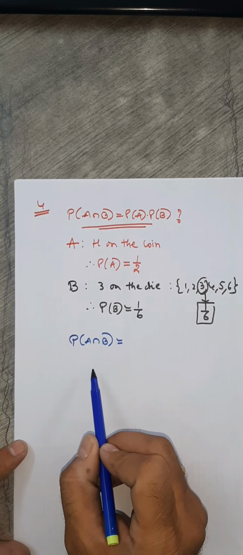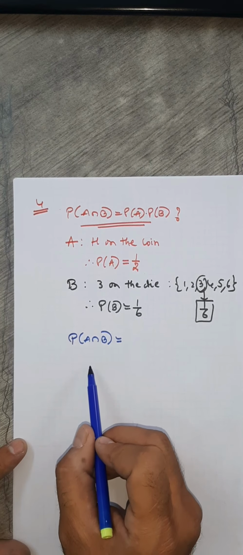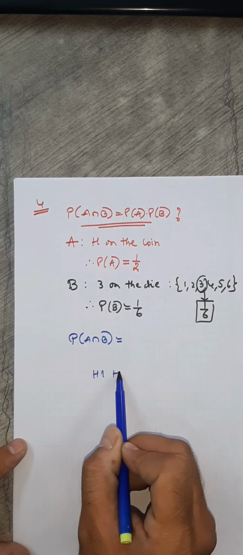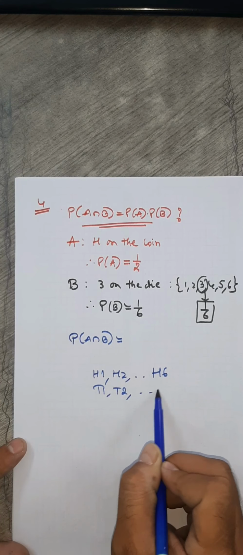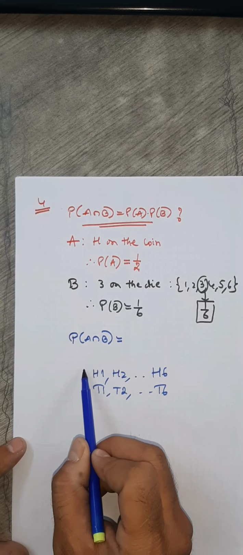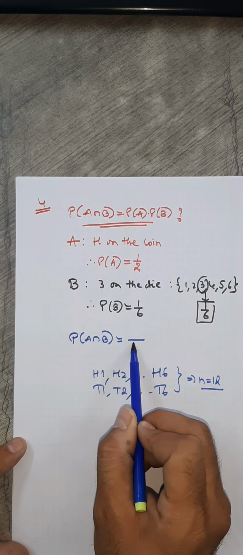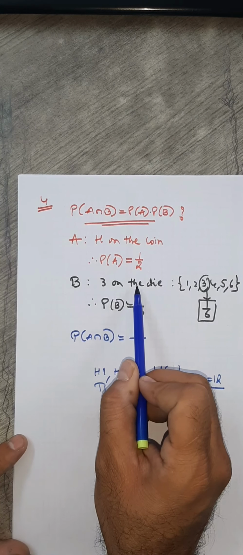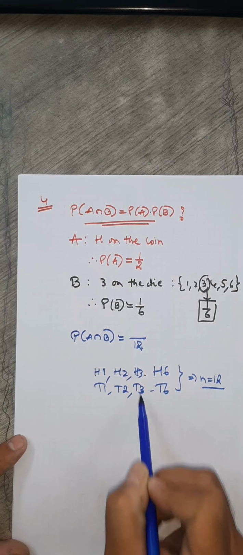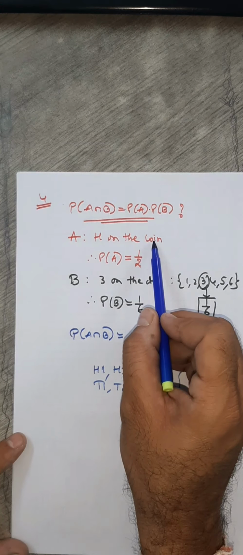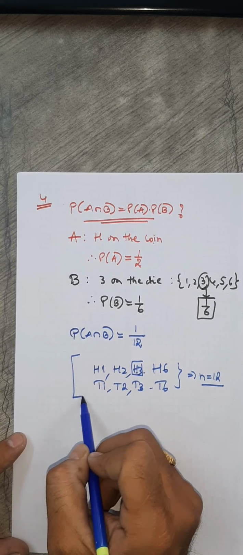The sample space in this case will be like this: when you take both, the coin and die, it will be H1, H2 up to H6, then T1, T2 up to T6. So how many outcomes in the sample space? 12 outcomes. So upon 12 here. And the occurrence of 3 and H on the coin: here you have H3, here T3. So 3 on the die and H on the coin, only one outcome. So here it is 1 by 12 because of this.